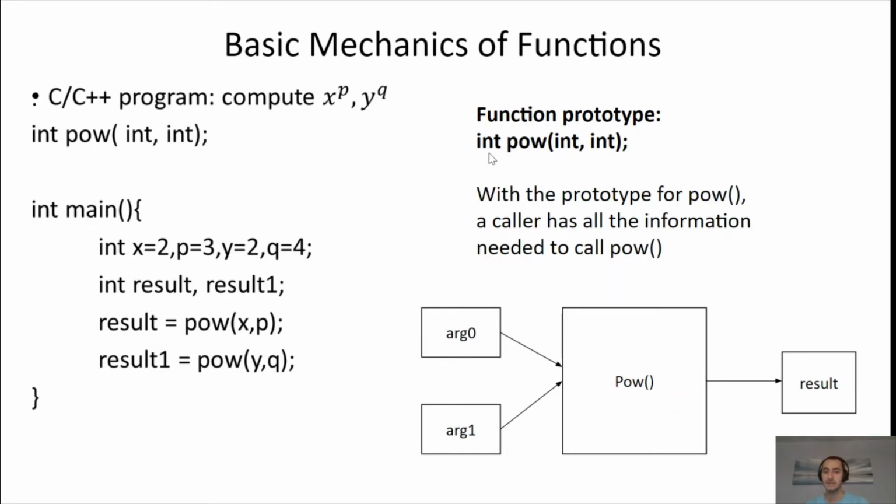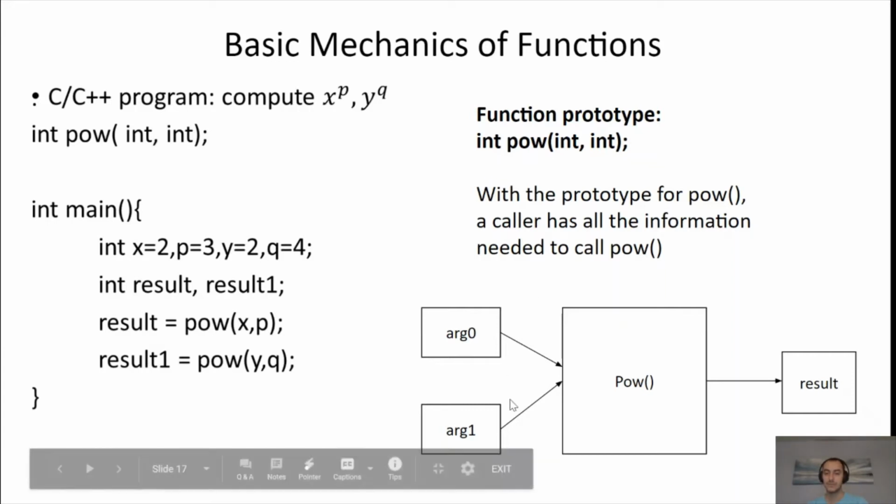So for example, here, you see that this function pow is getting two integers and is going to return an integer to you. So you can put it in this diagram: you are giving arg0 and arg1, which are of type integer, and this function does what it does.